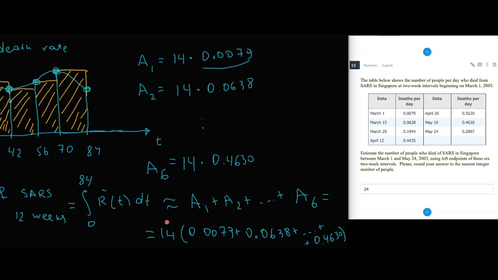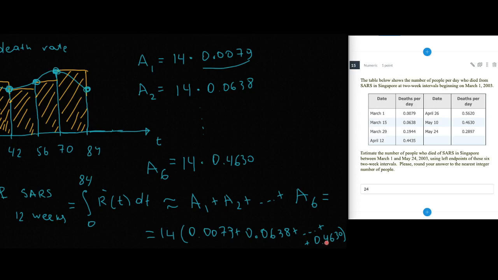We can factor out 14, and so our approximation will be 14 times, in parentheses, the death rate on March 1st, 0.0079, plus the death rate on March 15th, 0.0638, etc. We will be adding here all the numbers from our table except the last one. We stop at May 10th.